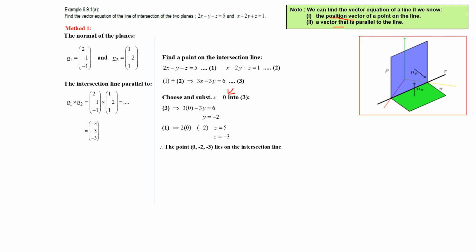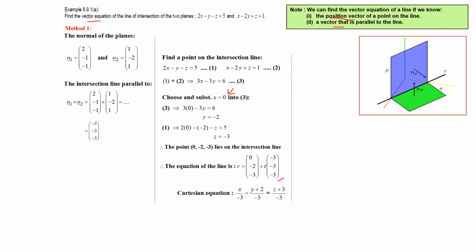With this, you can write out the vector equation of the line. If you want to convert it to Cartesian equation, this is the answer. Look at the question: if it asks for the vector equation, then this is your answer.